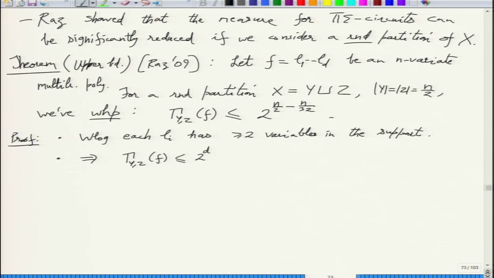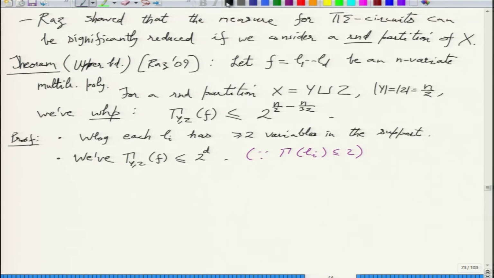So the product is 2 raised to D. This does not need any assumption. This is true anyway. In fact, I should say we have this always, since, and then multiplicativity.